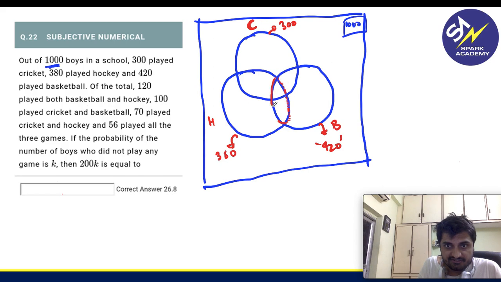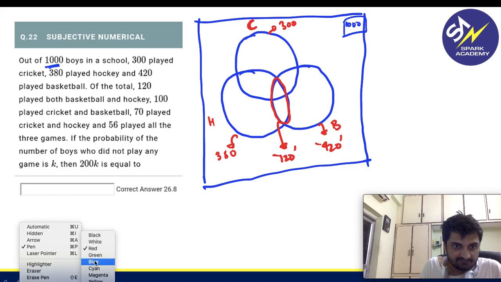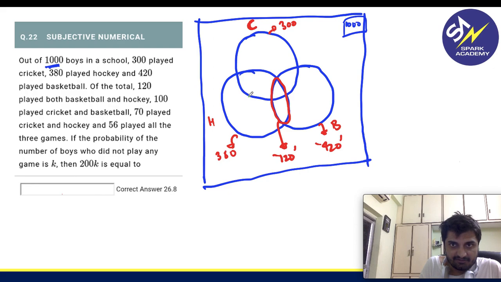So this region, 120 played both basketball and hockey. What else can I write? 70 played hockey and cricket. Hockey and cricket is this common portion, right? That is 70.